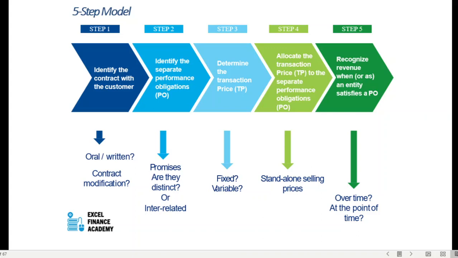If you recognize revenue which should be recognized at one point in time, but you spread it out over future years, then two things will happen. The cost is going to be recognized in that one year, so there's no matching principle, and also the revenue is understated in the first year and overstated in the future years. So that principle also has to be applied correctly. So that is the 5-step model.